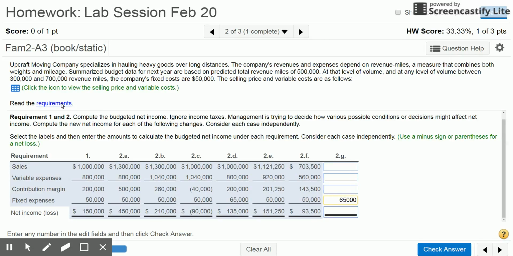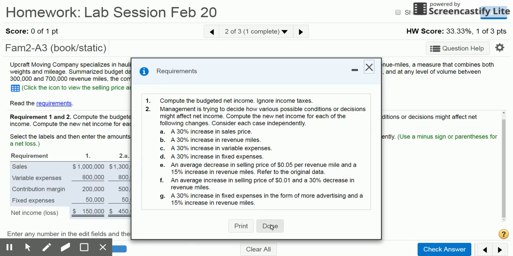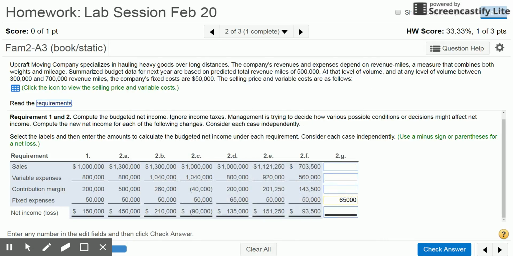And it says we will have a 15% increase in our revenue miles. So our miles will be 500,000 multiplied by 1.15, which is 575,000. Multiplied by $2, it will be $1,150,000.